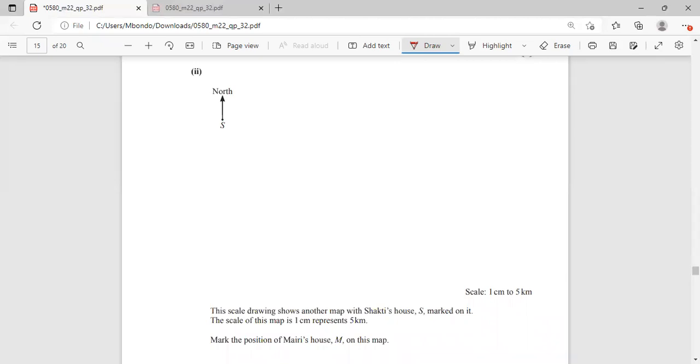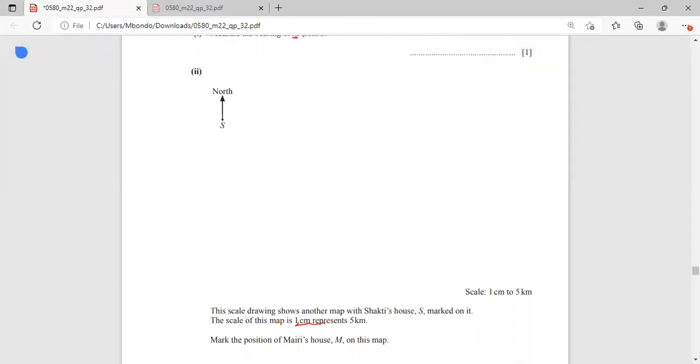The scale of this map has now changed. It's 1 centimeter represents 5 kilometers. Then mark the position of Mairi's house on this map.